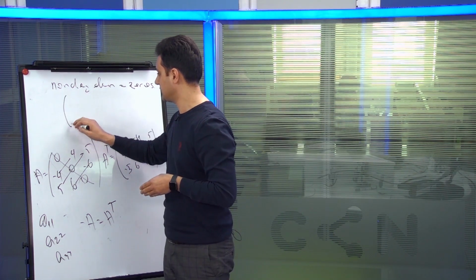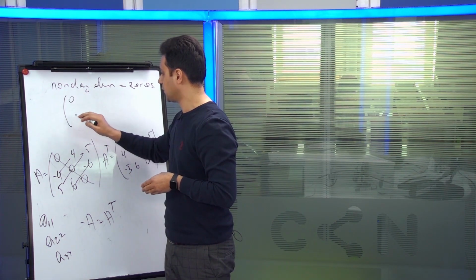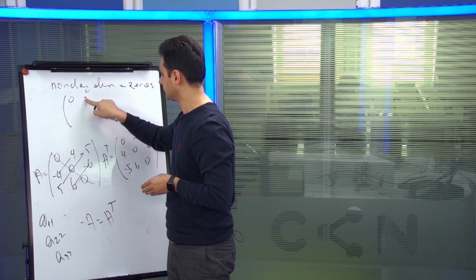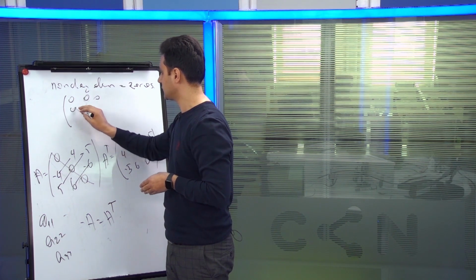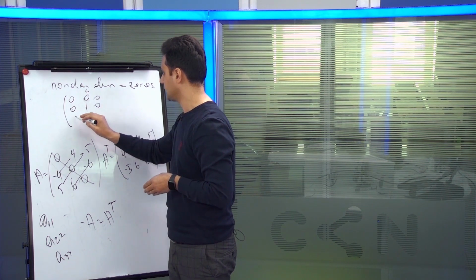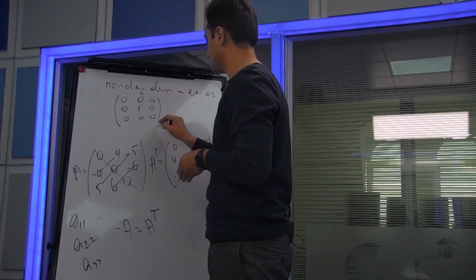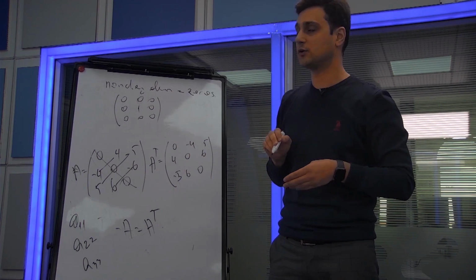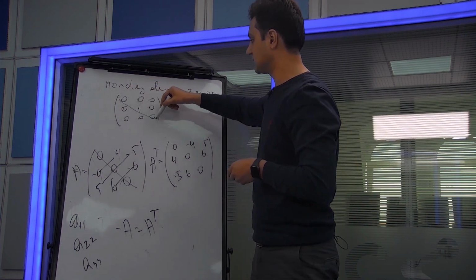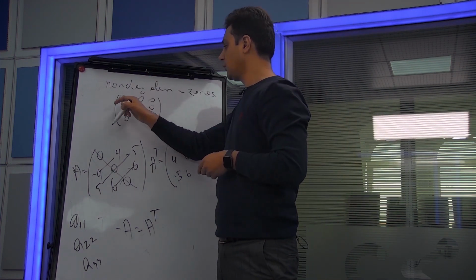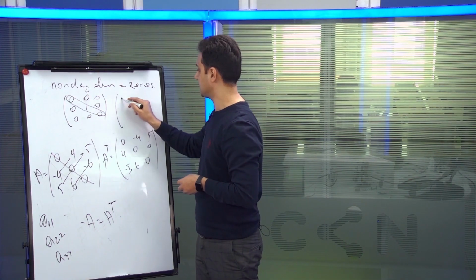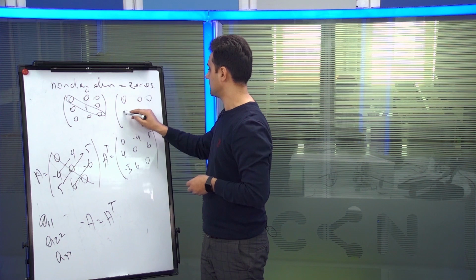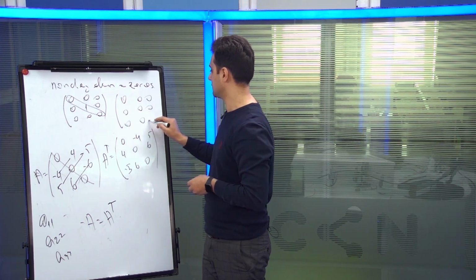For example, we have this example: 0, 2, sorry. 0, 0, 0, 1, 0, 0, 0, 0. It's possible we have this matrix. It's also called a diagonal matrix because all non-diagonal elements are 0. Meanwhile, we can say 0, 0, 0, 0, 0, 0, 0, 0, 0.